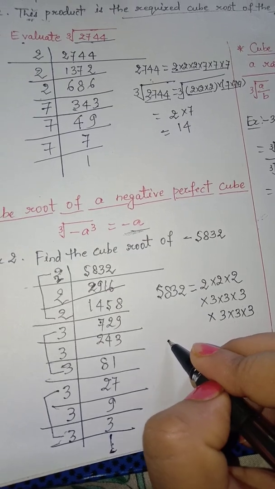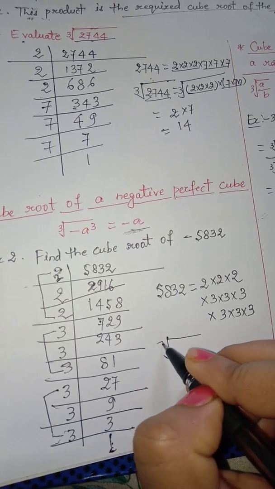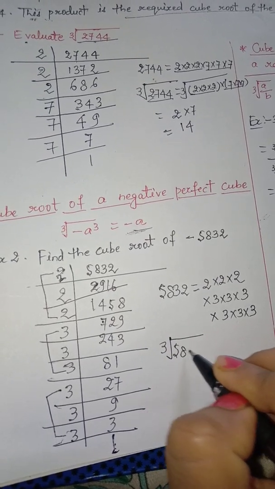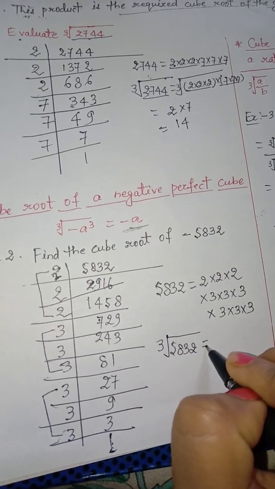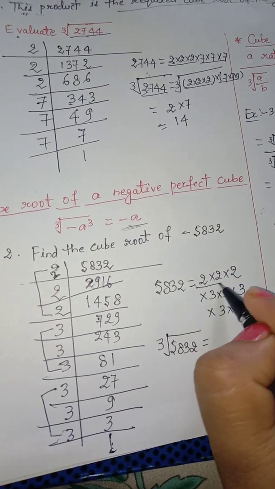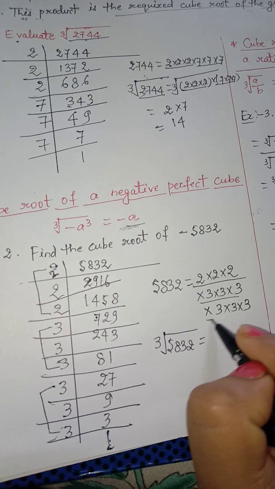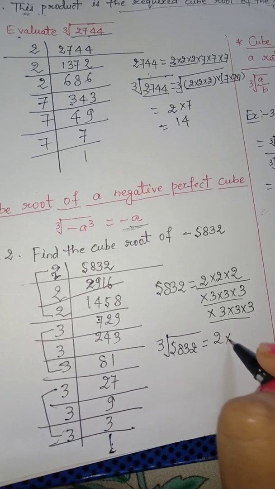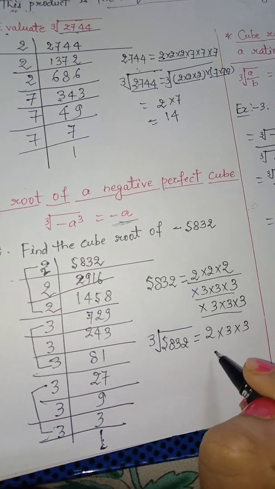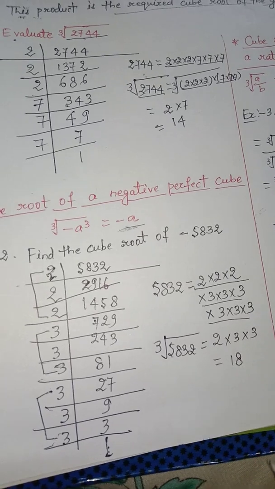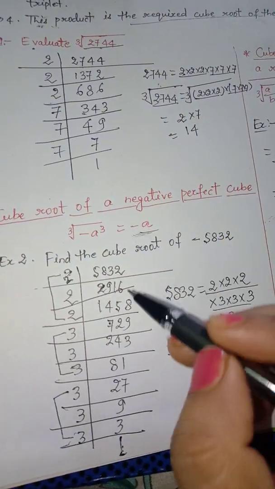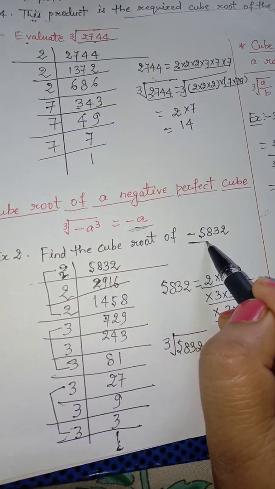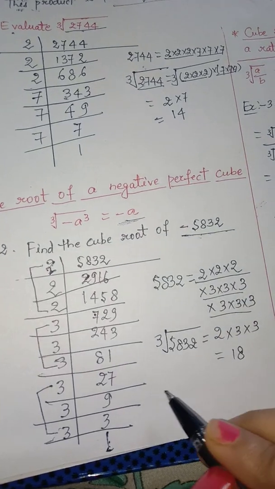So we can write the cube root of 5832. If we take one factor from each group, what will we get? 2 into 3 into 3, so this is 18. But the question is that we have to find the cube root of minus 5832.